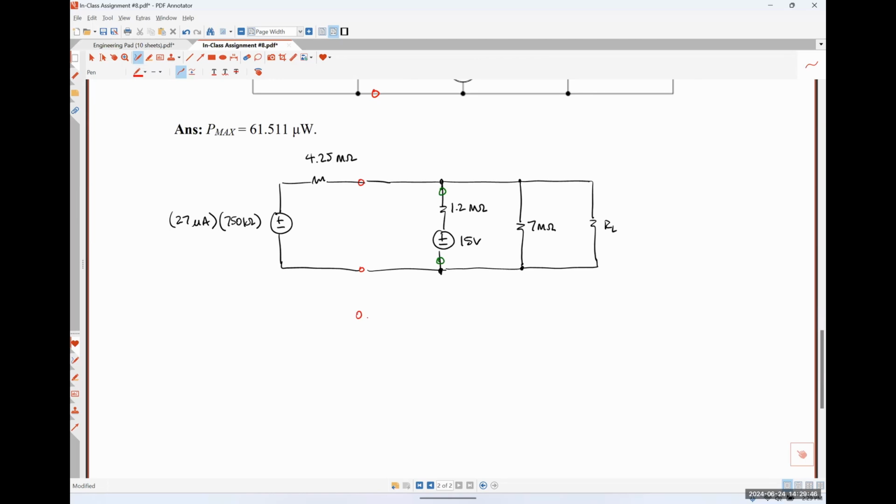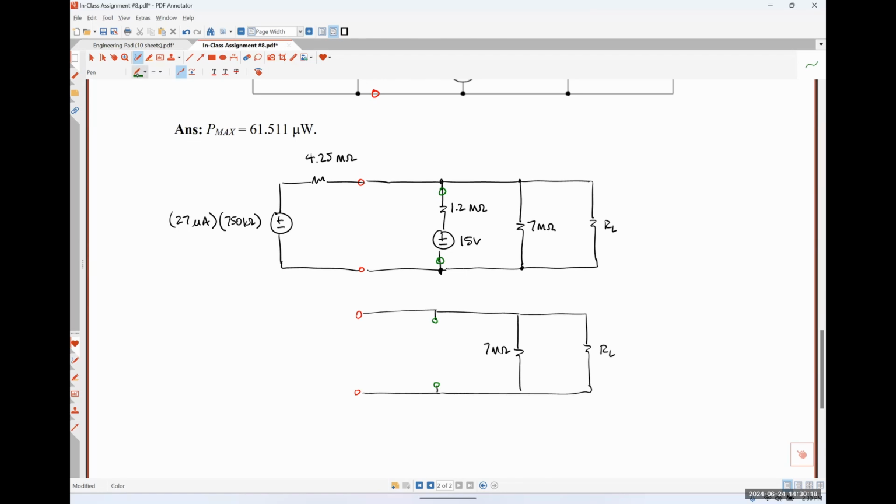So here's my red set of terminals. This is where my green set of terminals are going to go in a moment. Here's my 7 megaohms of resistance. Here's my resistor RL. And then here are my green terminals.